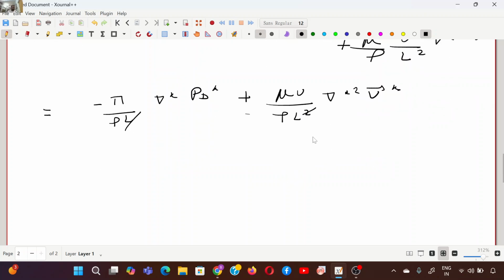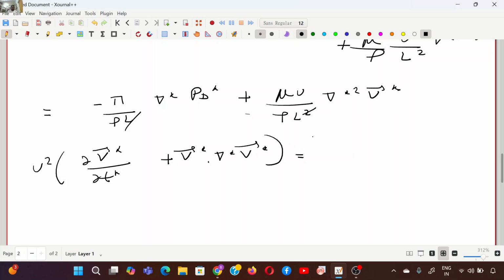Take U square common. So it's just U square into minus pi by rho del star PD star plus mu U by rho L del star square V star.